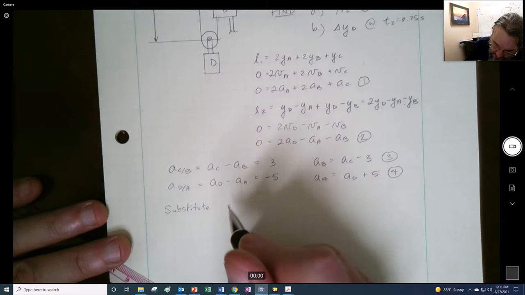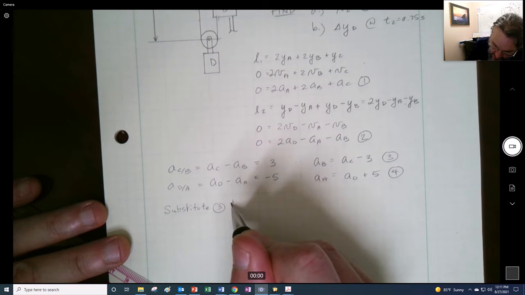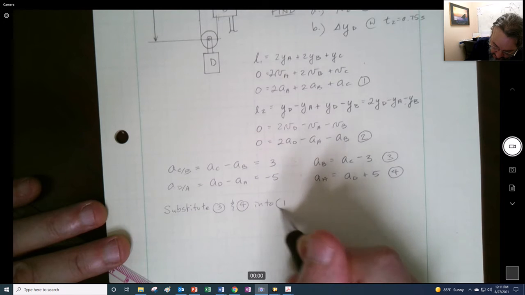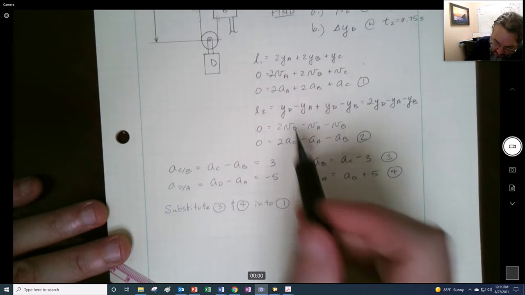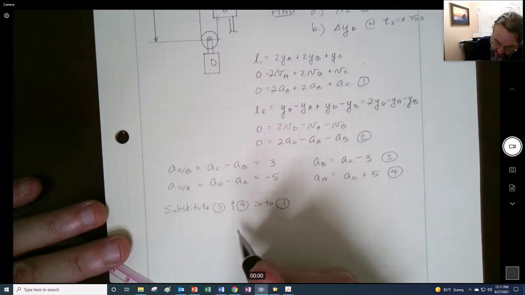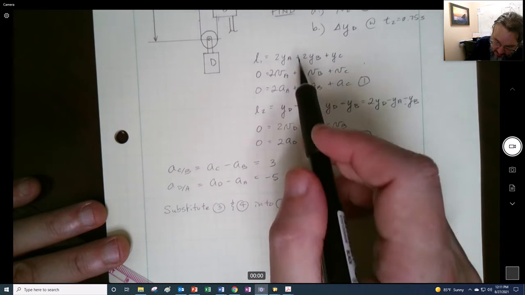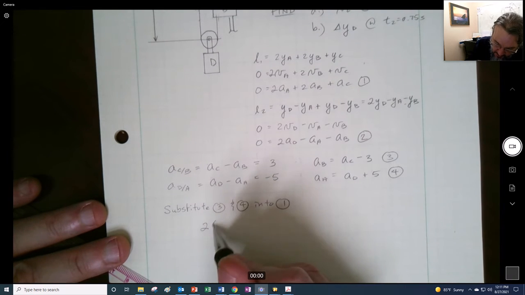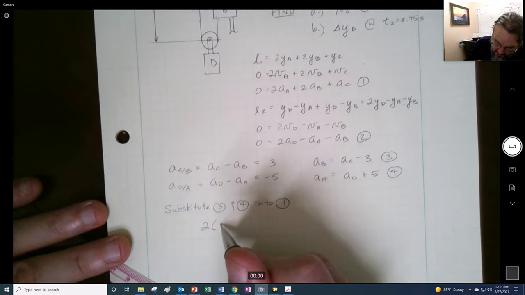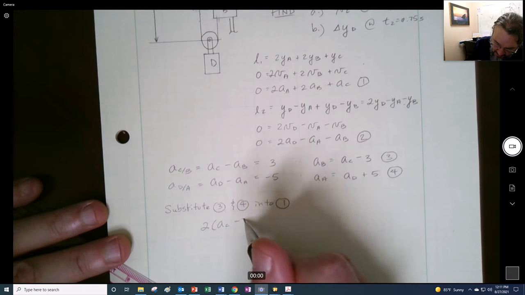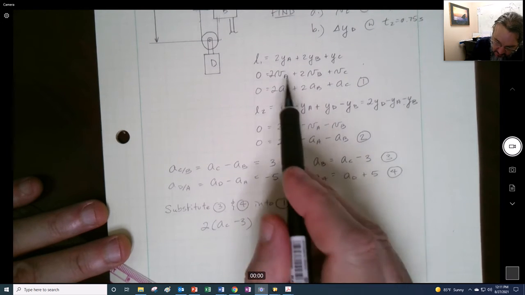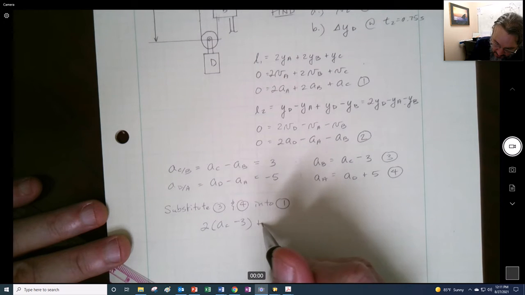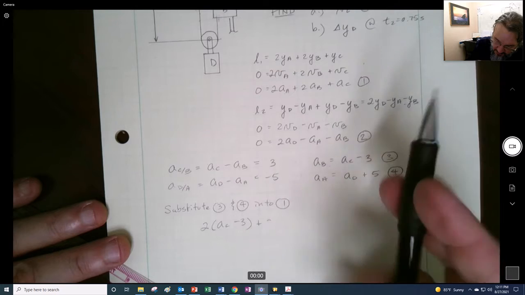So now I'm going to substitute 3 and 4 into 1. And I will say that, is that going to be okay? Yeah. So we go 2 times the acceleration of C minus 3, right there, plus, oh, why did I do that?